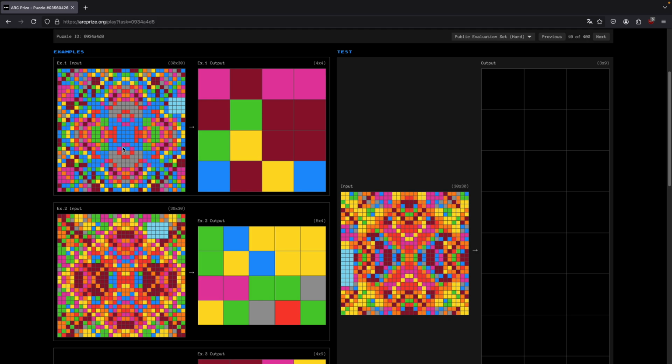So clearly, since all of this right part is symmetric with this left part, the way this light blue square must be filled is with the colors that correspond to the other side, okay?